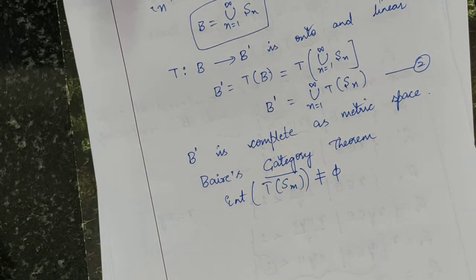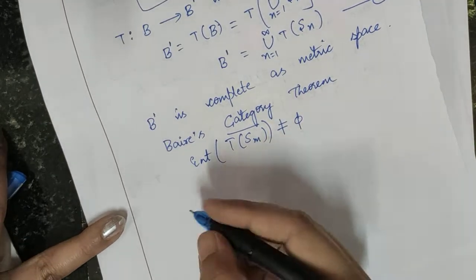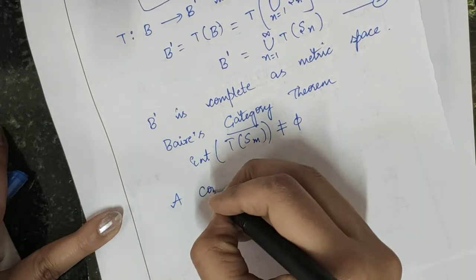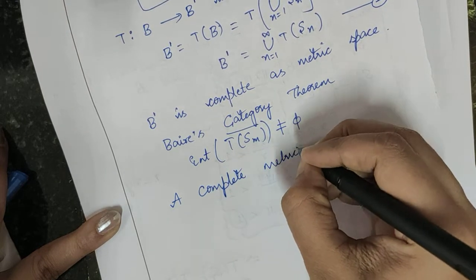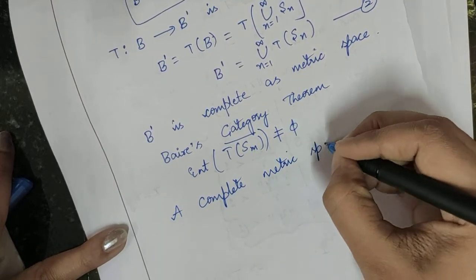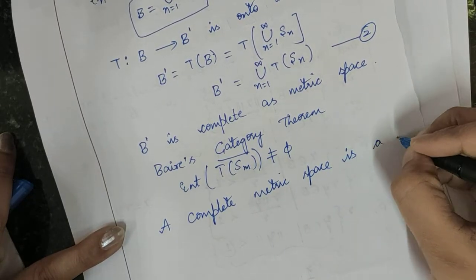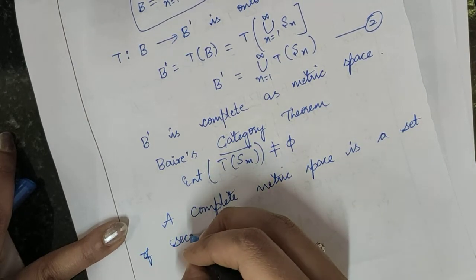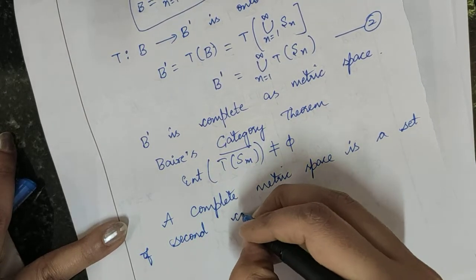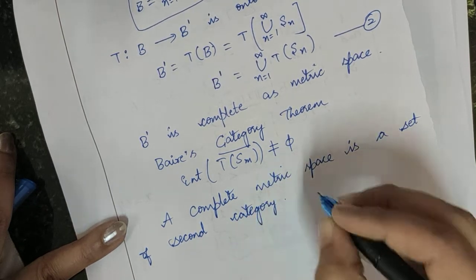So your Baire's category theorem states that a complete metric space is a set of second category. This is what your Baire's category theorem states.